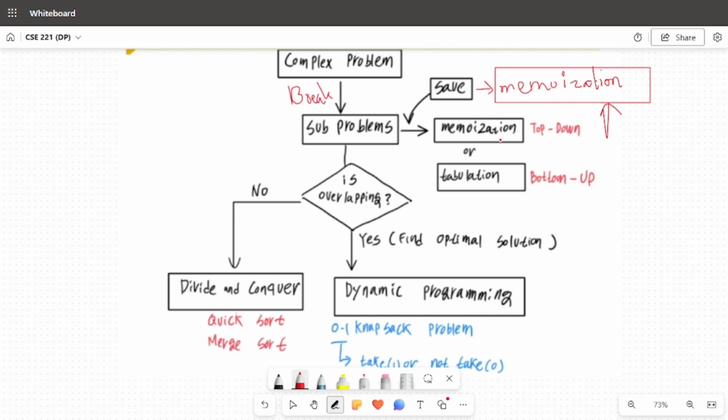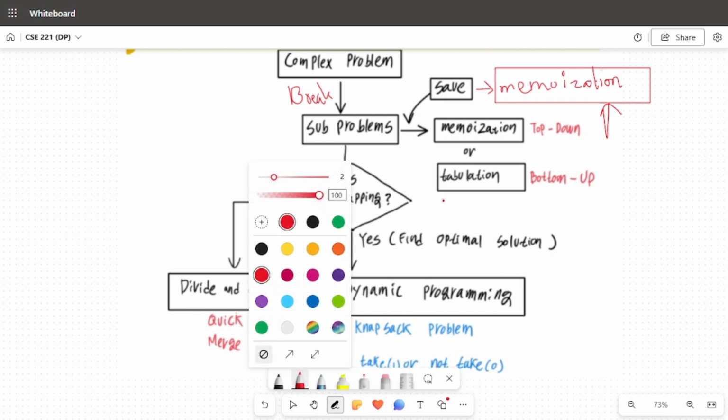This technique involves solving the problem recursively and storing the results of subproblems to avoid redundant calculation. What is redundant calculation? As I have told, you cannot repeat the solution for the second time. So this is what memoization does.